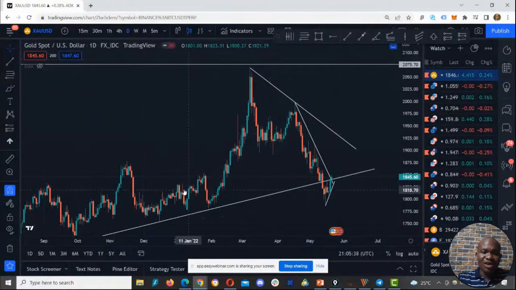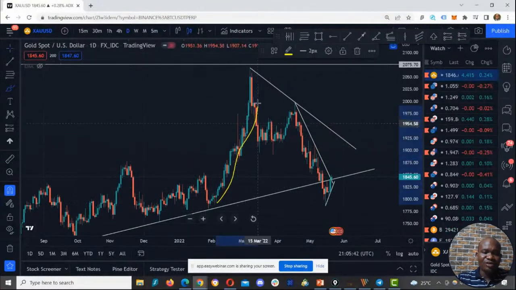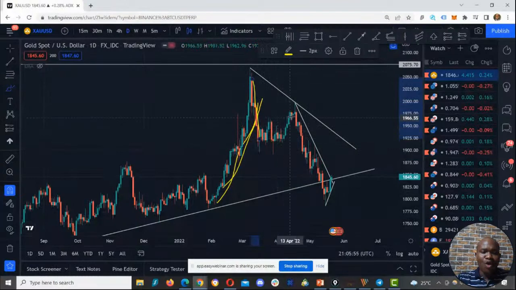If you have been trading on this, you draw your trend like this, connecting this to this, and this market has been broken. What does that tell you? Either the market is going to give you a pullback or a continuation downward. Now remember, this daily trend has been broken downwards on the daily chart.